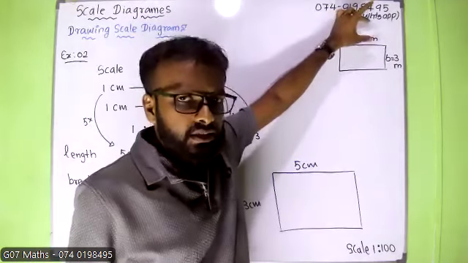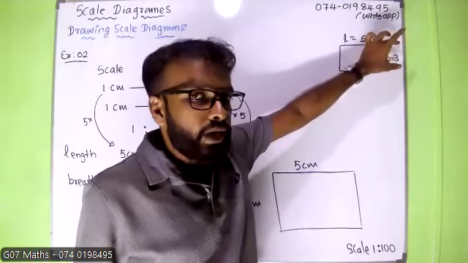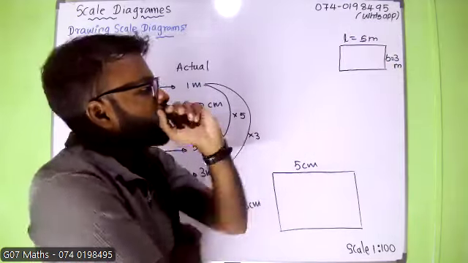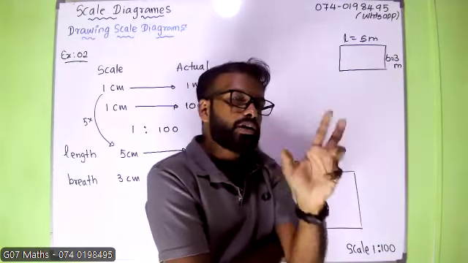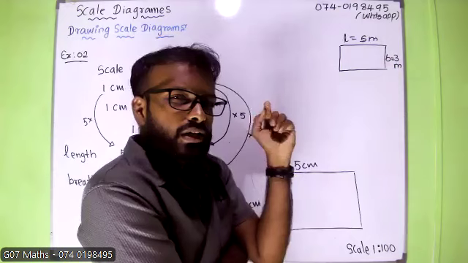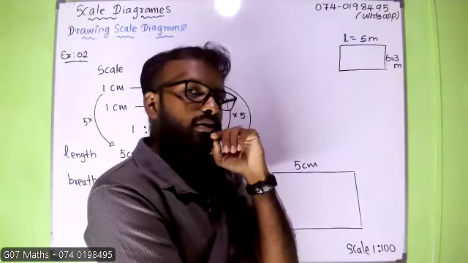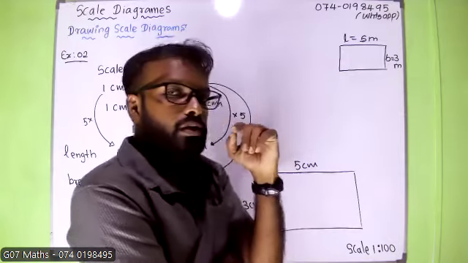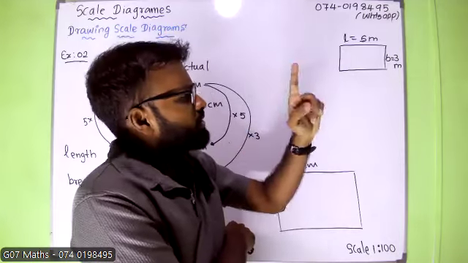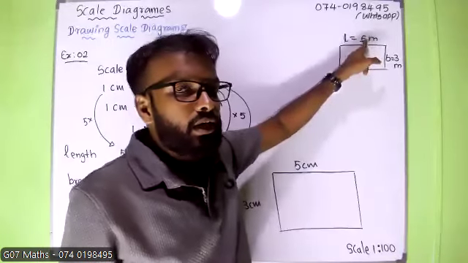By looking at this length and this breadth, you need to think what is the suitable scale that I need to use. 5 meters and 3 meters. So like in the previous example number 1, I can use 1 centimeter to represent 1 meter.